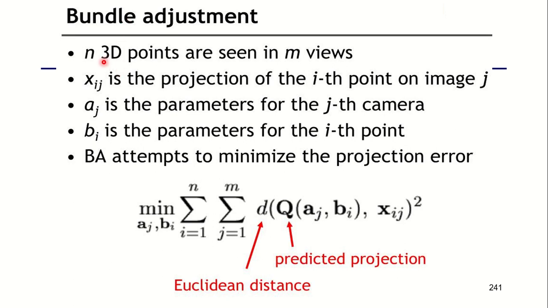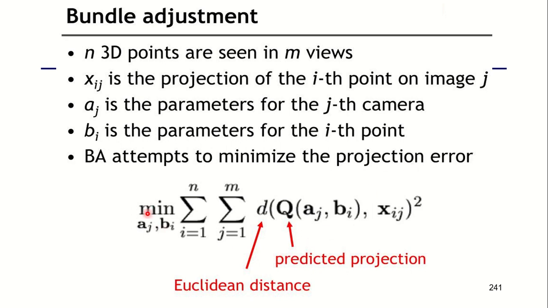In bundle adjustment, n 3D points are seen in m views, so you get m cross n observations. x_ij is the projection of the ith point on image j, a_j is the parameter for the jth camera and b_i is the parameter for the ith point. Bundle adjustment attempts to minimize the projection error.